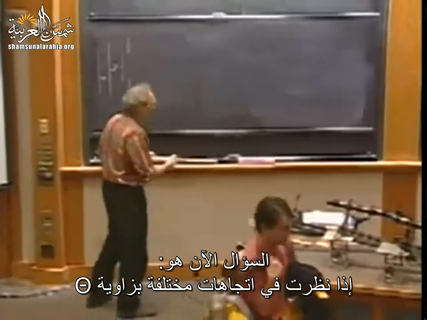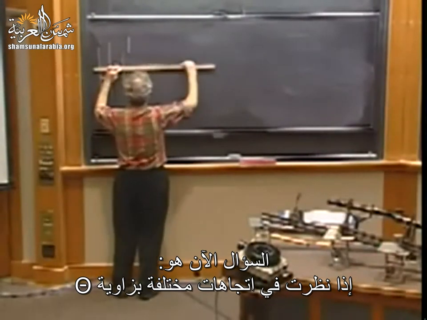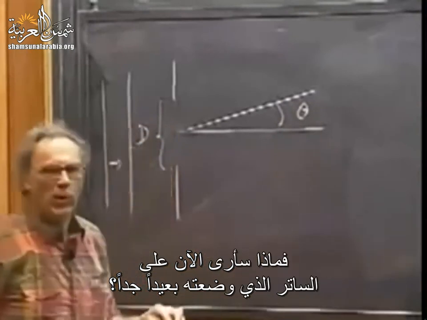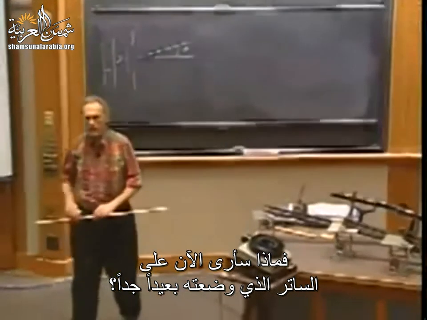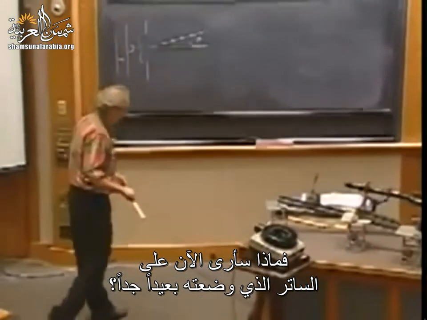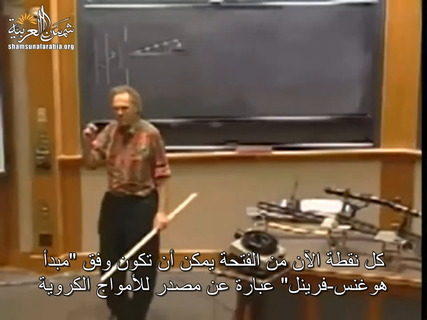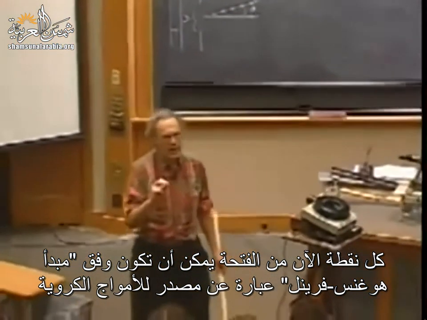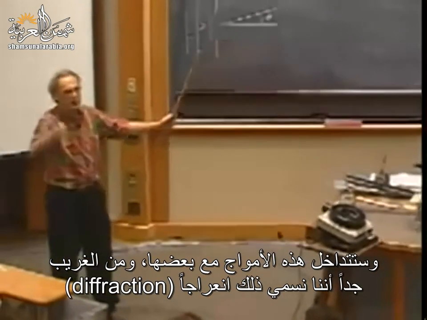And now the question is, if I look in various directions, and that's my famous angle theta, what will I see now on a screen which I place very far away? Well, each point in this aperture can now be considered, according to the Huygens-Fresnel principle, as a source of spherical waves, and they are going to interfere with each other.